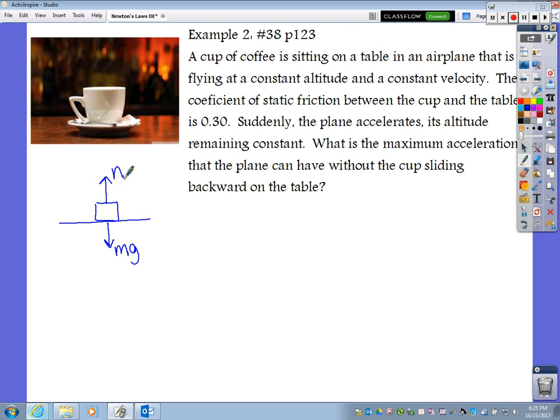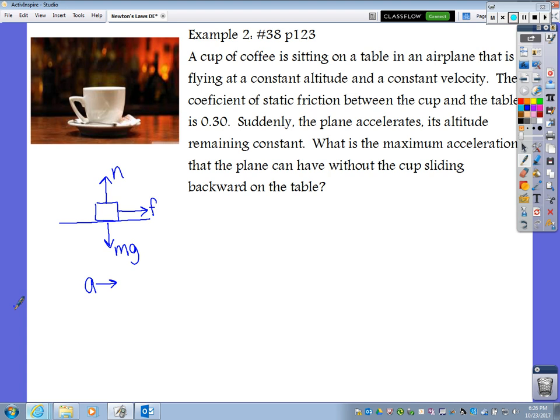Before the airplane starts accelerating, it's in equilibrium, but then the plane accelerates, and it's the static friction that's actually pulling it, say, to the right. And the acceleration, remember, I'm not putting that on the free body diagram. The acceleration would be to the right also.